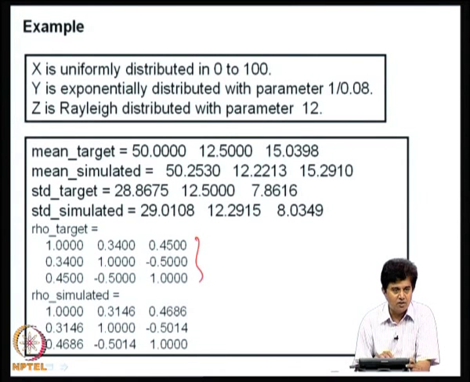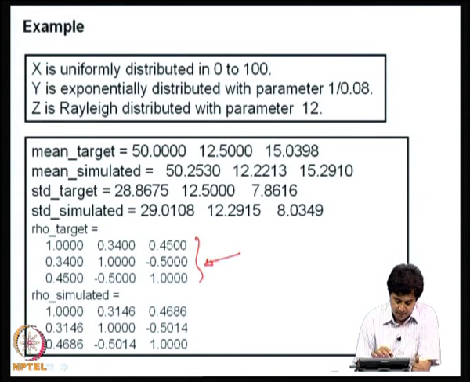Now, I want samples of x, y, z. So, when I simulate, I should get uniform distribution for x, exponential distribution for y and Rayleigh distribution for z, and the correlation coefficient matrix for these 3 random variables should be similar to this. So, we have done this I think with 5000 samples.